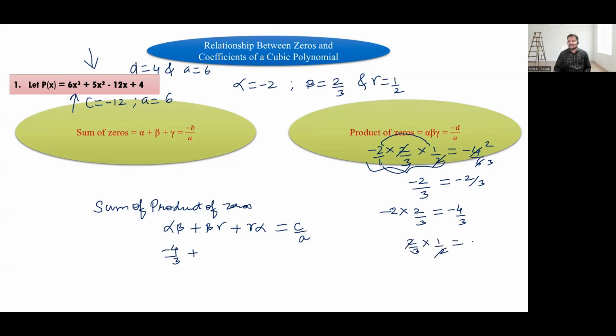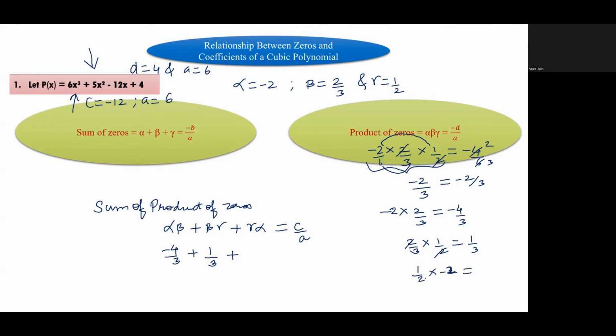This 2 gets cancelled, so 1/3. 2 upon 6, that is 1/3 only. Next, gamma into alpha. So gamma is 1/2. Alpha is -2. So this 2 gets cancelled. 1 into -1 will come, it is -1. This will be equal to C upon A. So -12 upon 6. That is nothing but -2.